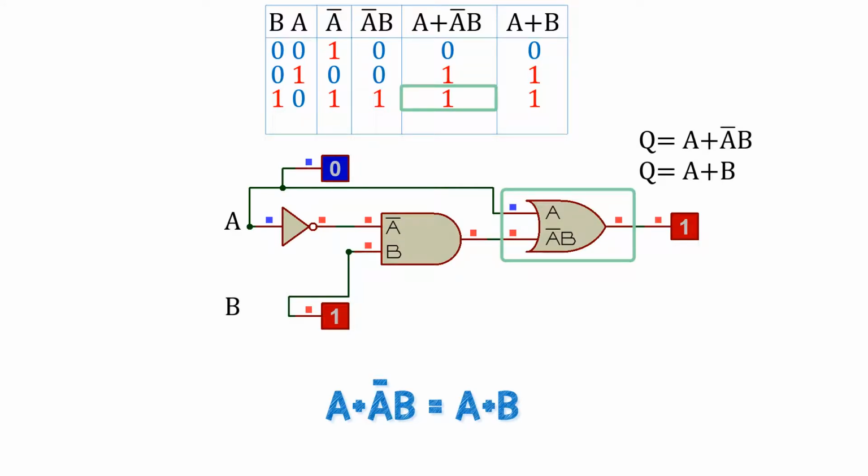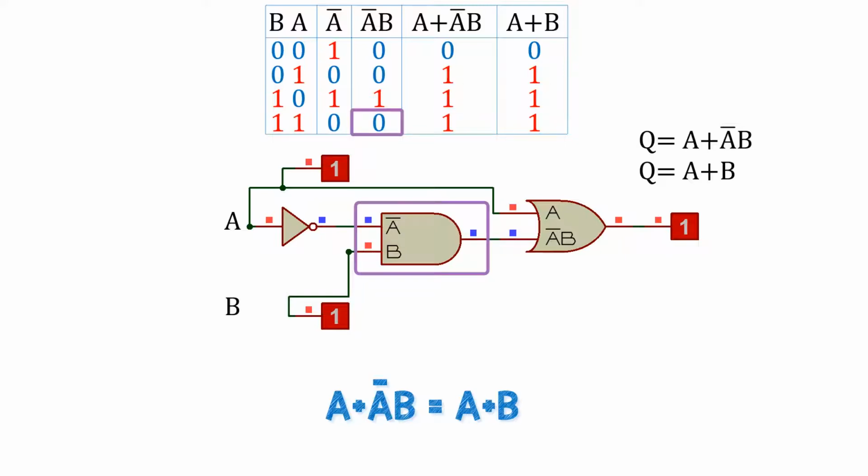Now both inputs are high, and so long as A is high, the output will be high through the OR gate. So this proves that the two expressions are the same and can be interchanged. A or not A and B is the same as A or B, so we're saving ourselves some logic gates.